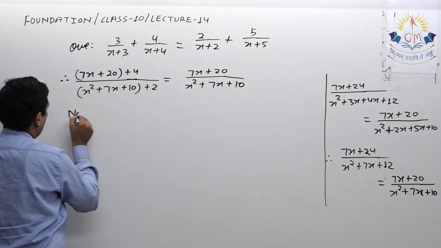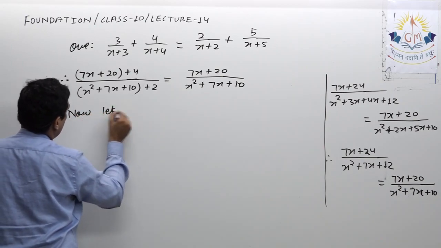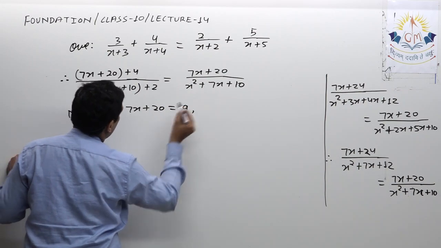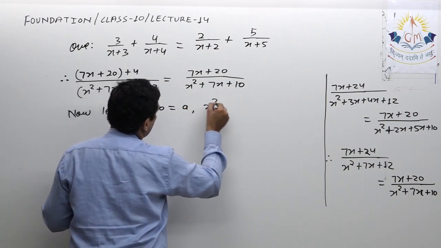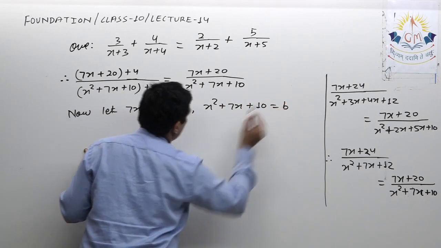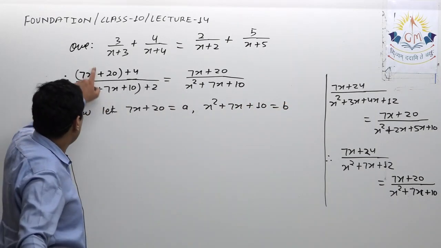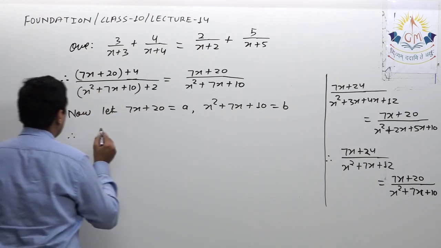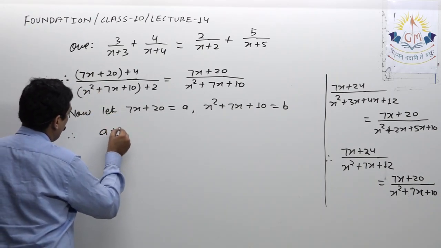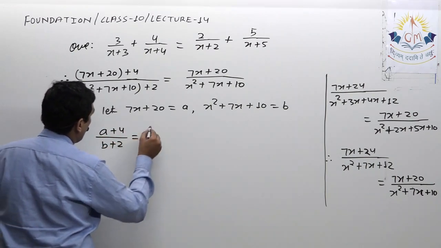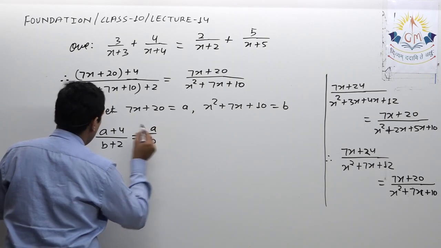Okay, now let 7x plus 20 be equal to a and x square plus 7x plus 10 be equal to b. I took this portion as a and this portion as b, so here I can write a plus 4 upon b plus 2 is equal to a upon b.